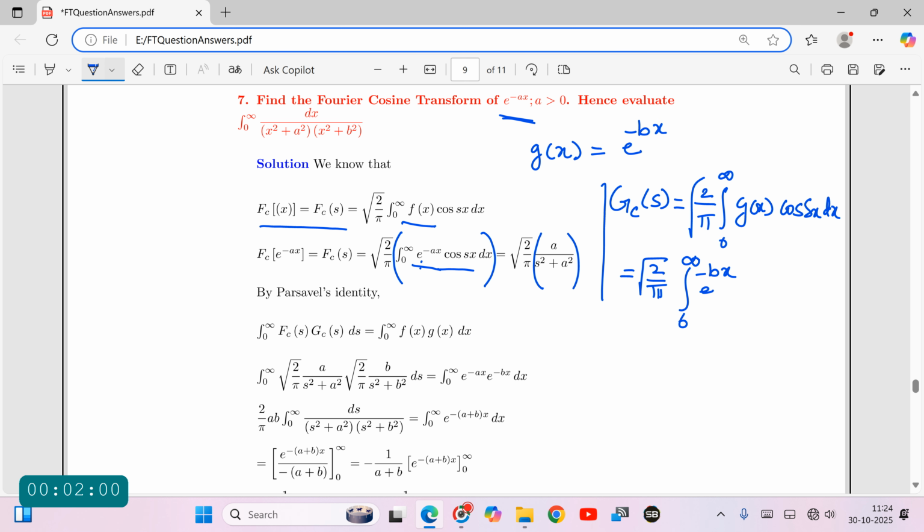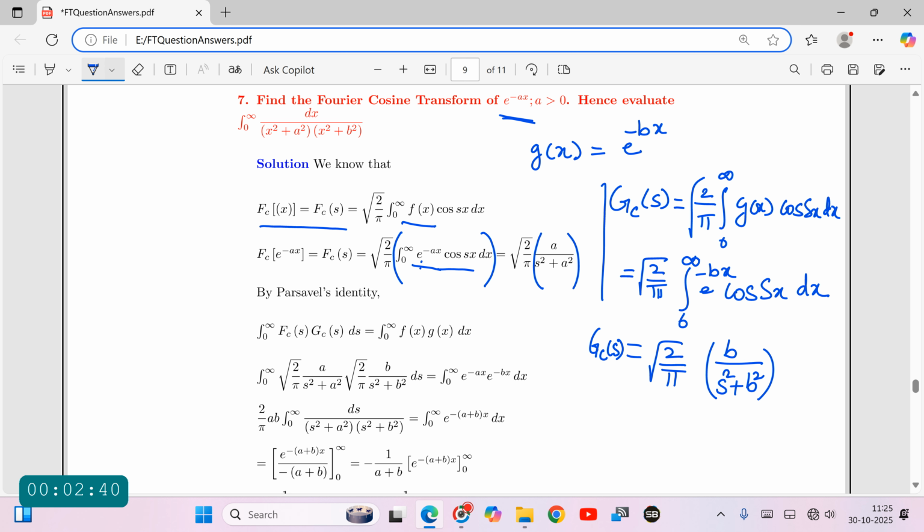Then what is your answer? Root 2 by pi, using the result, the coefficient of x in the power of e is minus b. So the formula is b by s square plus b square. So that is the answer for gc of s. In the same way, we are finding fc of s and gc of s using the Fourier cosine transform. Now come to the next portion of the problem.